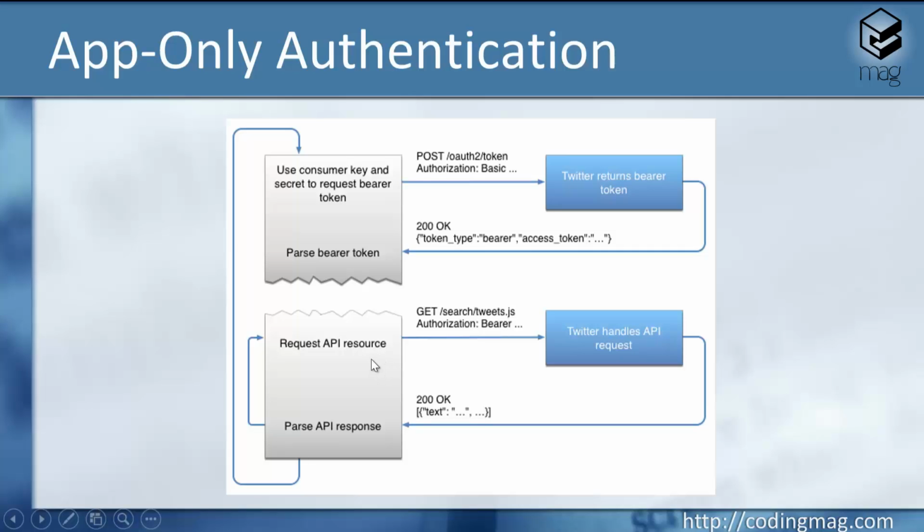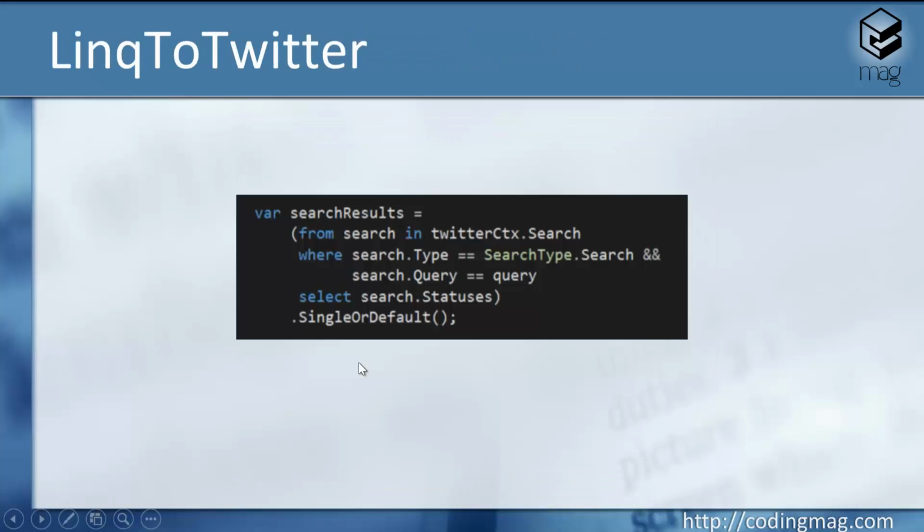But we will not be using this low-level approach, because we will be using a component called LINQ to Twitter, which you can get from NuGet. This seems to me to be the most popular component. As its name says, it lets us query Twitter with LINQ queries.